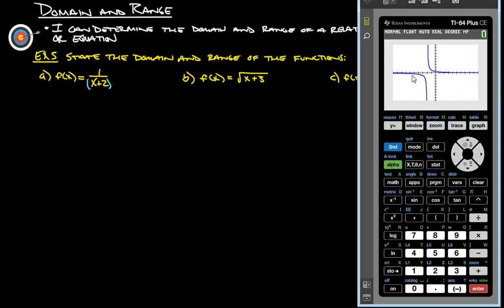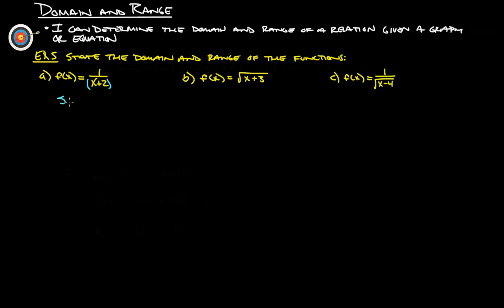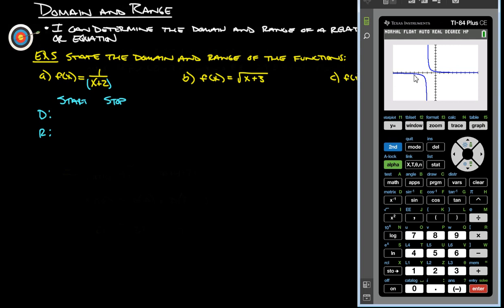Okay, so if we do our little start-stop thing, start and stop, so domain and range. Here's our graph. This actually has two graphs, so we might end up making a couple different starts and stops on here.